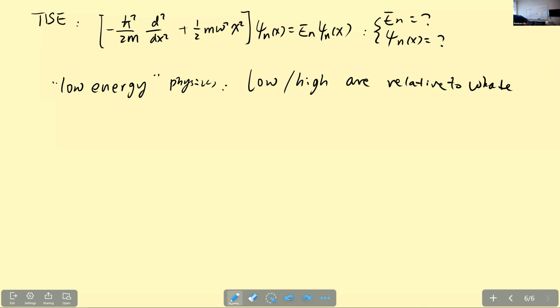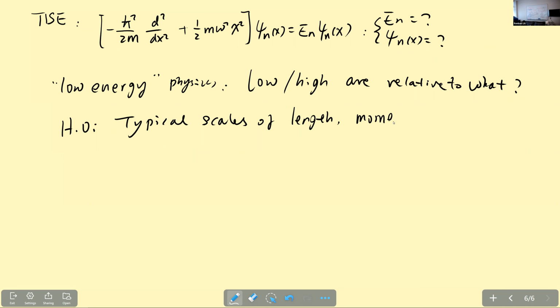Right. In physics, when we say something is big, small, low, or high, we are always talking about these things in a relative sense, in comparison to some typical energy scales. So in this harmonic oscillator, we actually have typical scales of length, momentum, and energy.